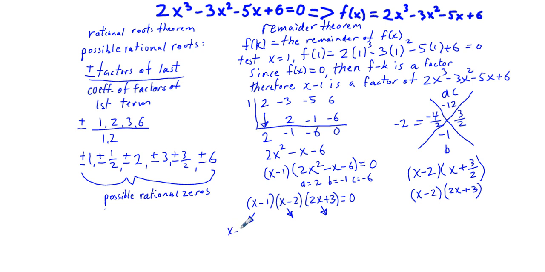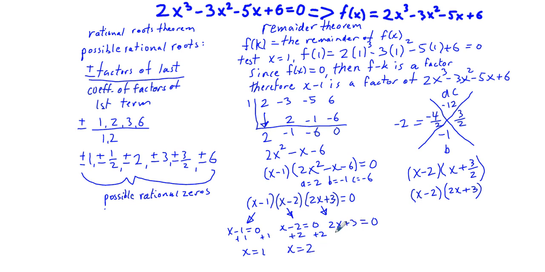So we have x minus 1 equal to 0, x minus 2 equal to 0, and finally 2x plus 3 equal to 0. And solving for x, if we add 1 to both sides here, we have x is equal to 1. On the middle equation, we have x equal to 2.